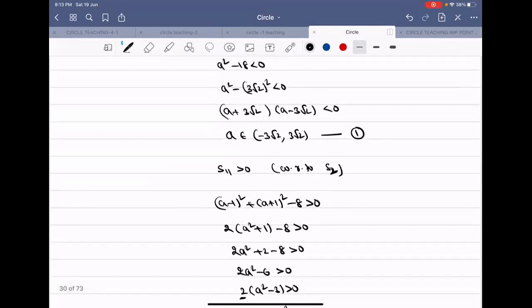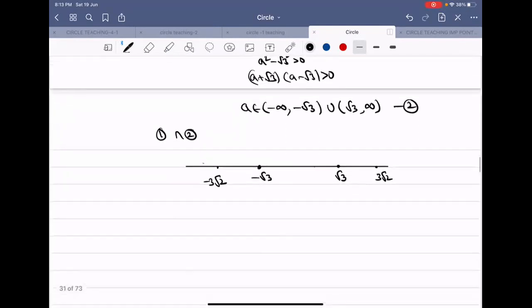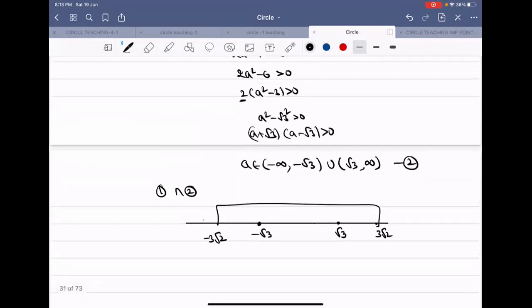A belongs to minus 3 root 2 to 3 root 2. So this is the solution. Next, the second one is what? A belongs to minus infinity to minus root 3, this side, and root 3 to infinity, this side. So our common values, the intersection values, are what?